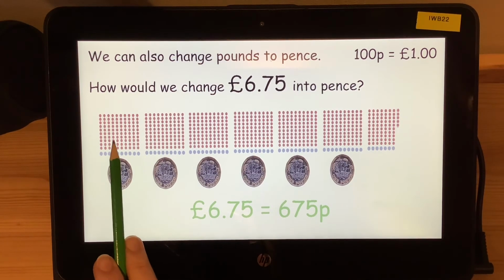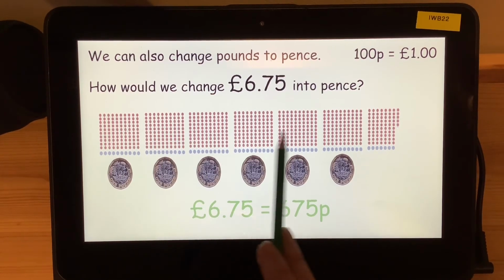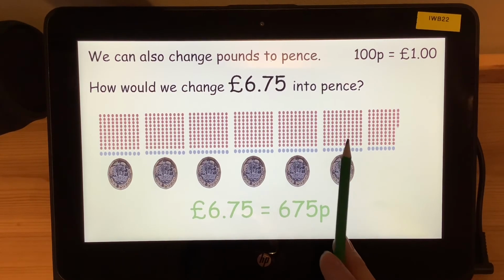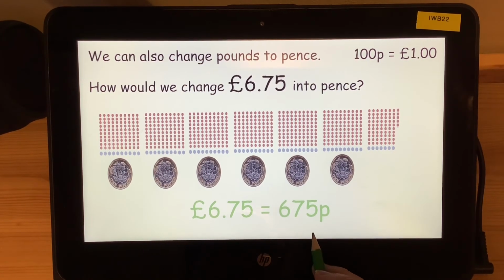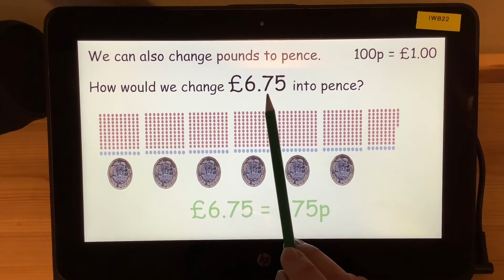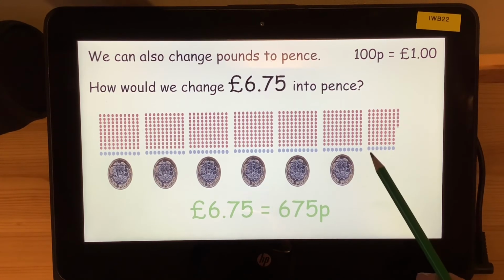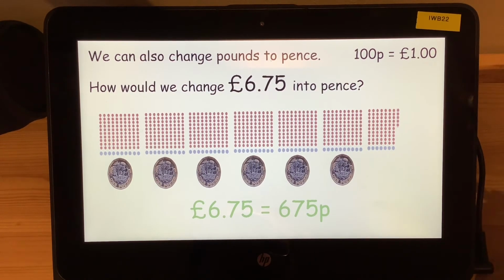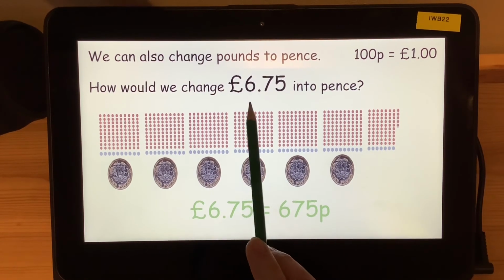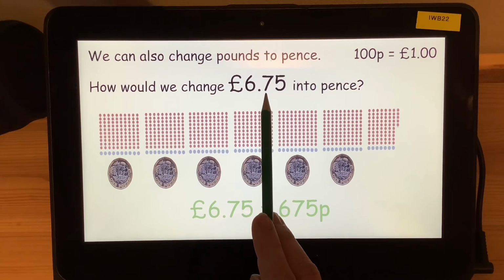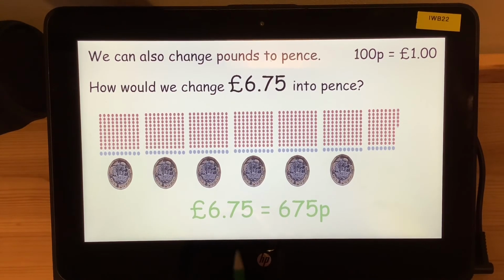So 100, 200, 300, 400, 500, 600. So you know you've got at least 600. However, you also had 75. You'd also have your 7 10p's and your 5 leftover pence. So you would write that, your £6, 7 10p's and 5p's as 675 pence.